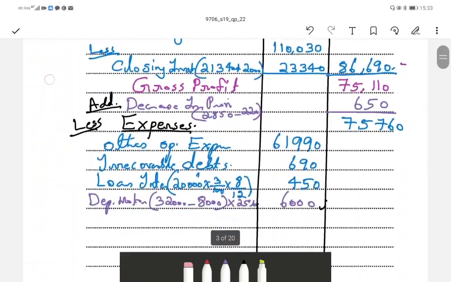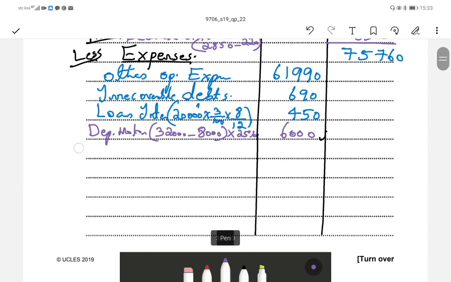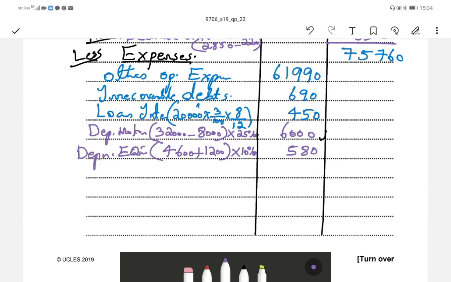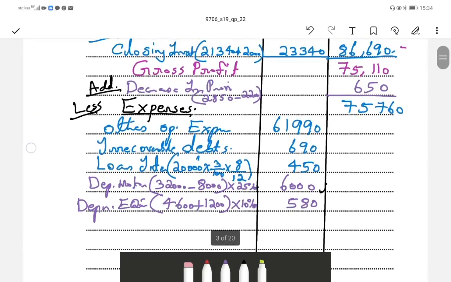Depreciation on equipment: 5,800 multiply 10%, because the depreciation is on the cost. So no need to deduct any accumulated depreciation. 580. So now we are done all the expenses.